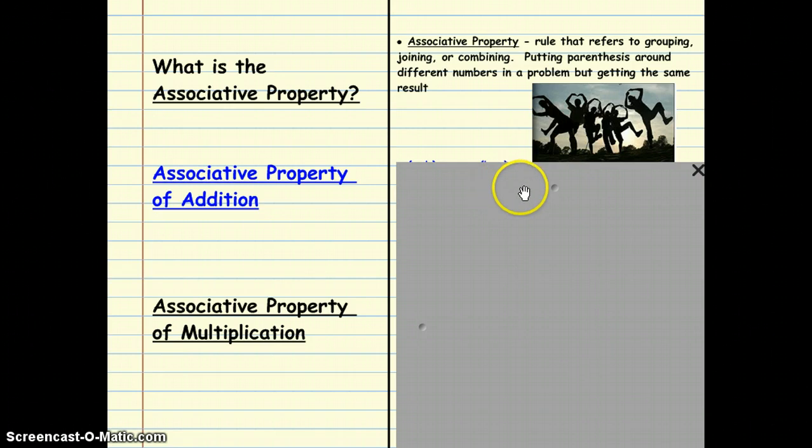Alright, well, this is what it looks like with the associative property of addition.